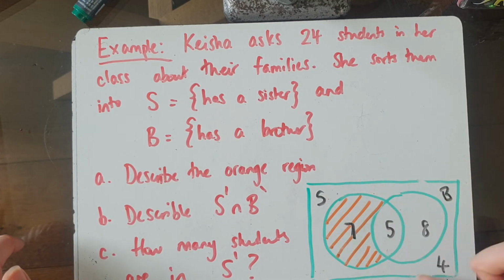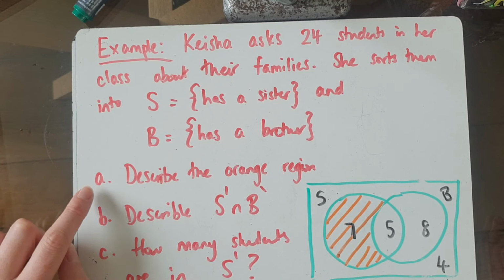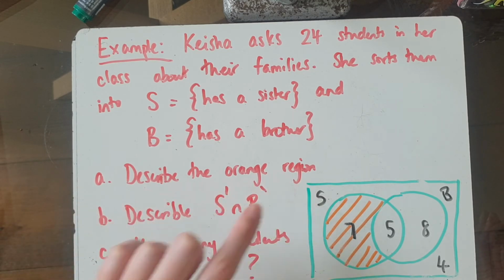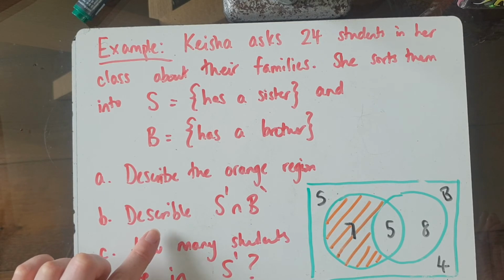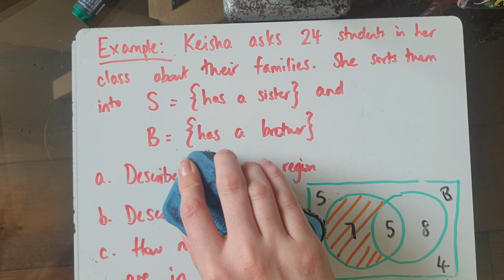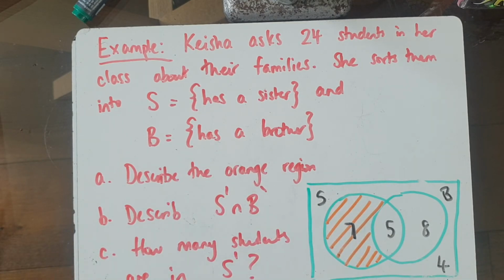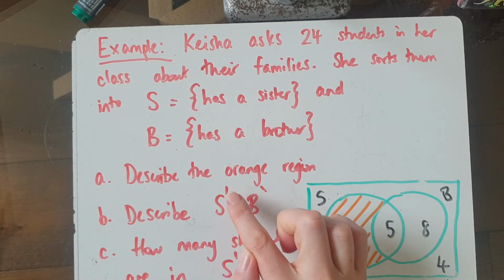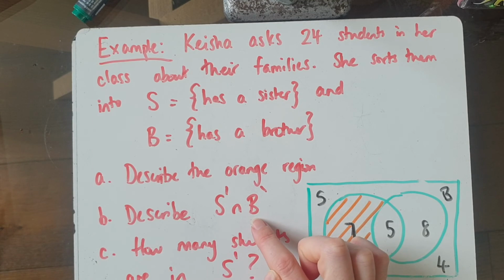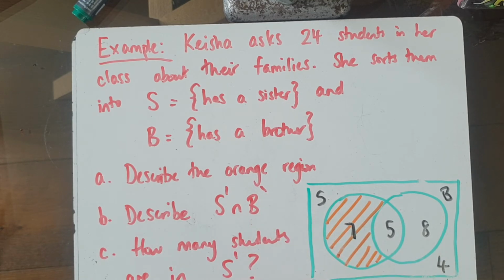And this is shown on the Venn diagram here. The things we have to do are A, describe the orange region, B, describe S dash intersection B dash, and C, how many students are in S dash.